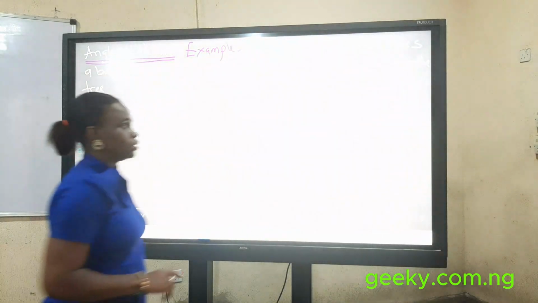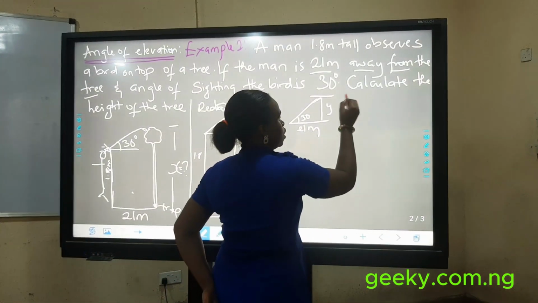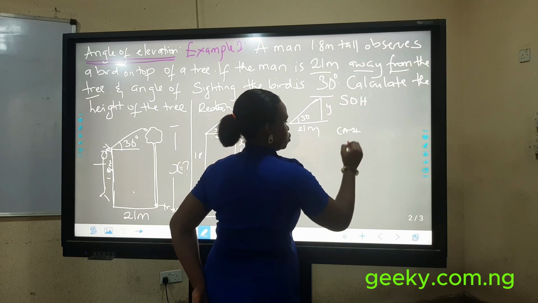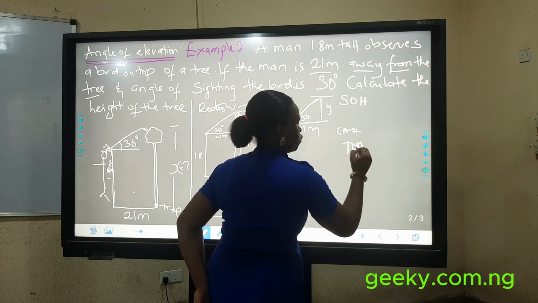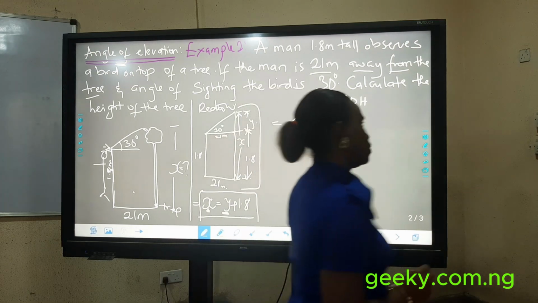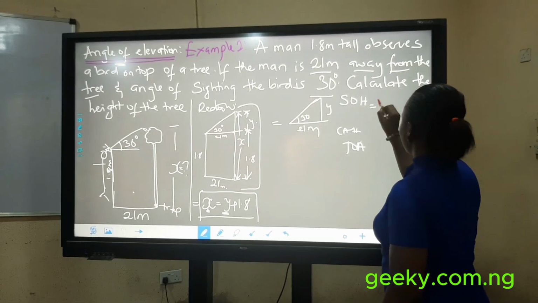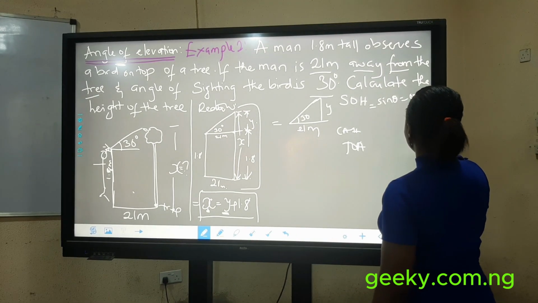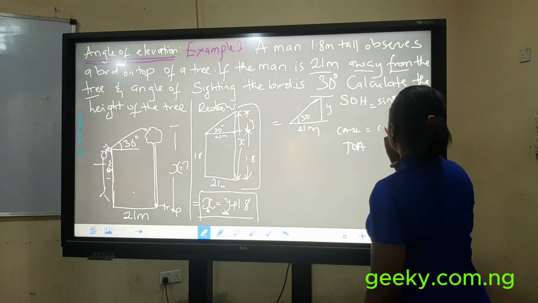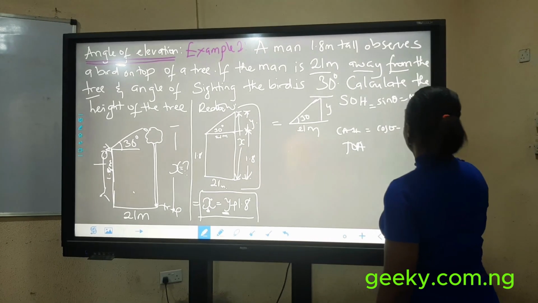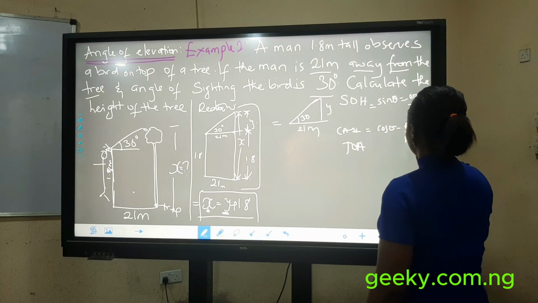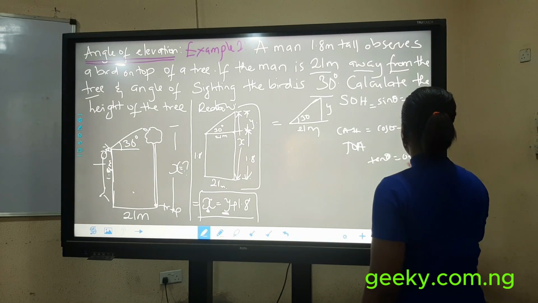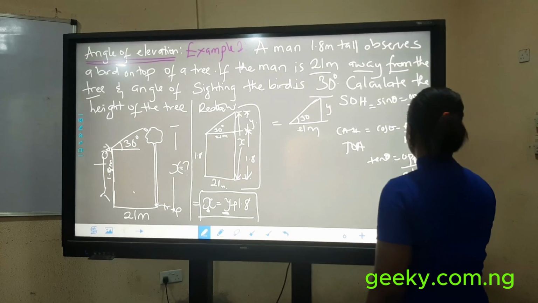How do we solve this? We go back to the formulas to tell us which to apply to this question. Remember, sin theta equals opposite over hypotenuse, cos theta equals adjacent over hypotenuse, and tan theta equals opposite over adjacent.